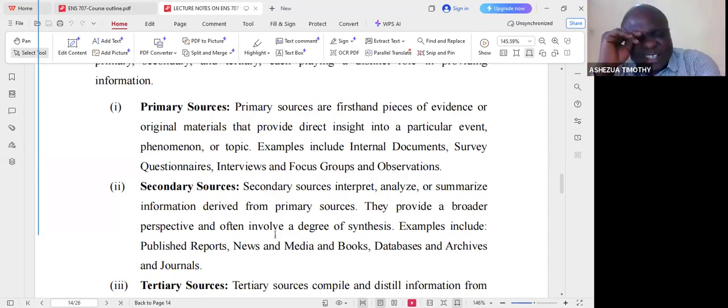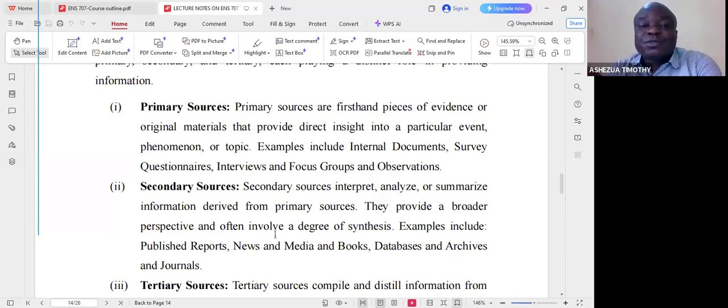So any information you are reading from all these dailies, they are secondary sources of information because the writer must have got the information from a primary source, then he's coming to publish it in a bulletin, in a paper.